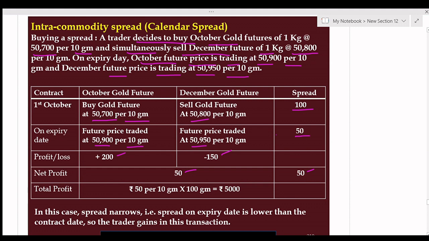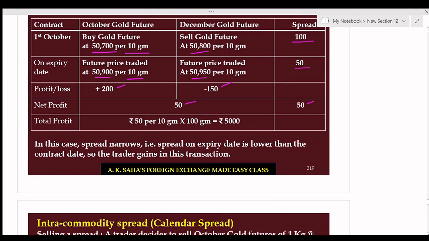In the case of spread narrowing, the spread on expiry date is lower than the contract date, so the trader gains in this transaction.